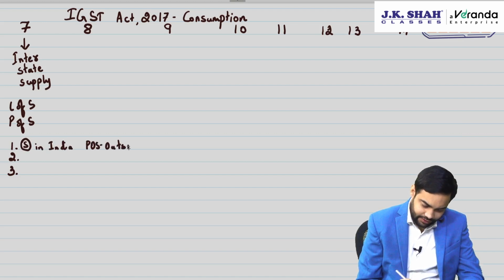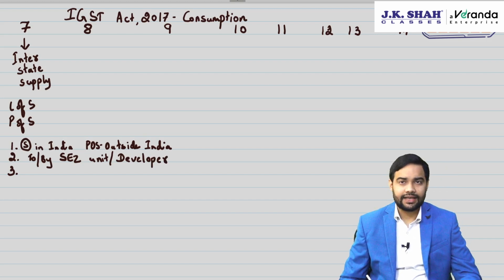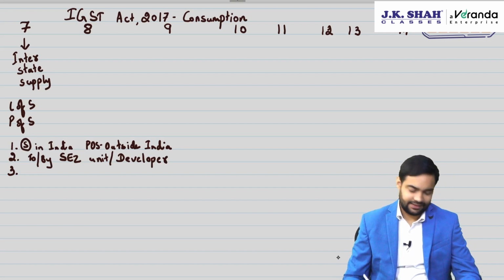For example, export transactions. Second one, supply to or by an SEZ unit or developer. Any transaction to an SEZ will always have IGST. It cannot have CGST plus SGST. There is no state influence. If at all tax is levied, it will always be IGST.